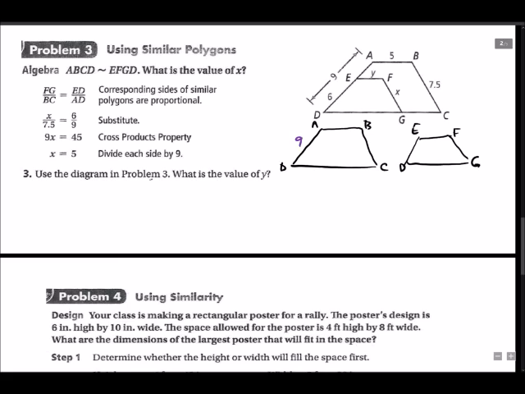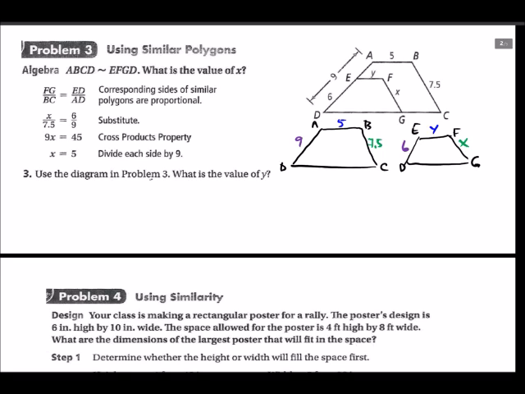That says it's 9. Who does that correspond to? That corresponds to ED, which is 6. And then AB is 5. Who does that correspond to? Y. And BC is 7.5, which corresponds to FG, which is X. So those are my corresponding sides.